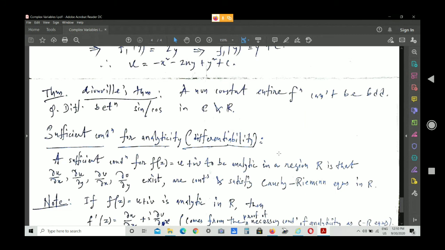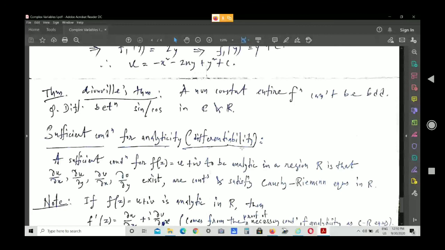Now what Liouville's theorem states also gives you a striking difference between functions of a real variable and functions of a complex variable. This theorem says that if a function is not constant and if it is entire, meaning it is differentiable everywhere, then it is not bounded. Now, sin x is everywhere differentiable, so it is an entire function, and sin x is not a constant function.